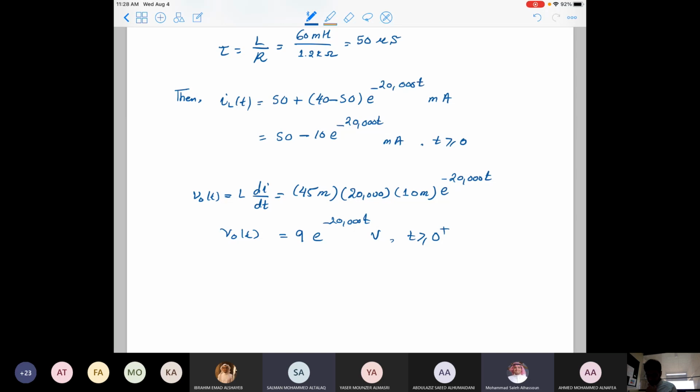No, it has to be volt, because the current is in milliampere, but you have 20,000 here, and this is going to give you 90 minus 1.